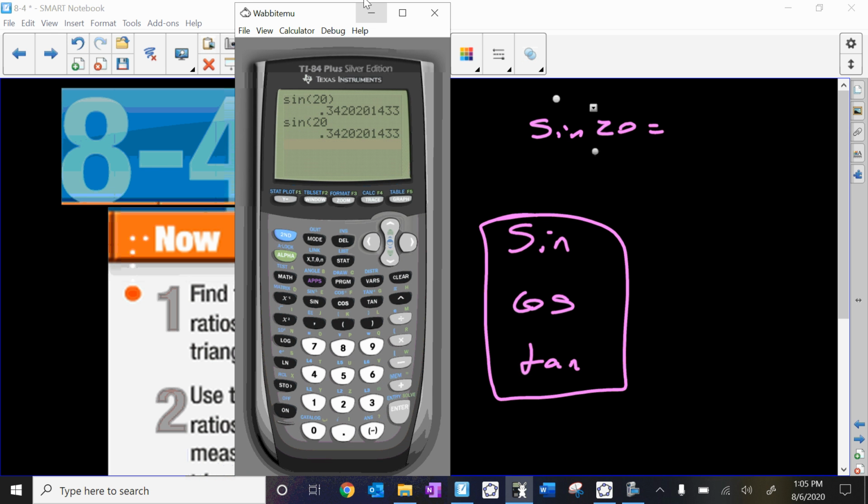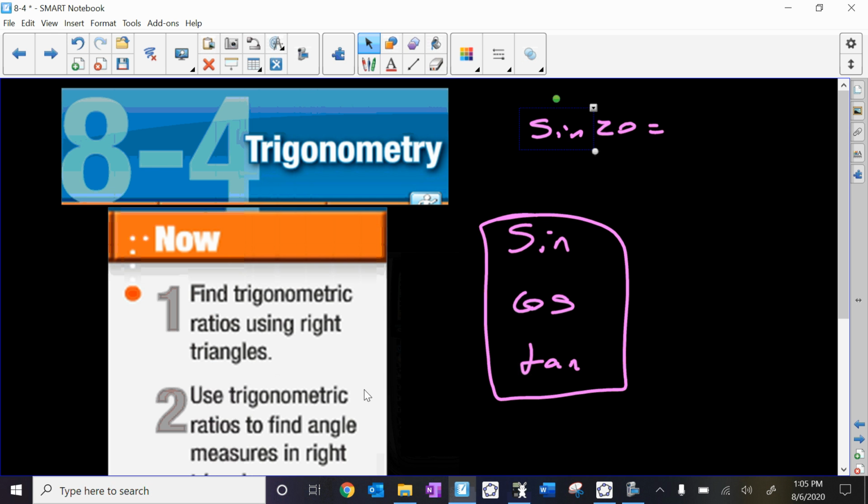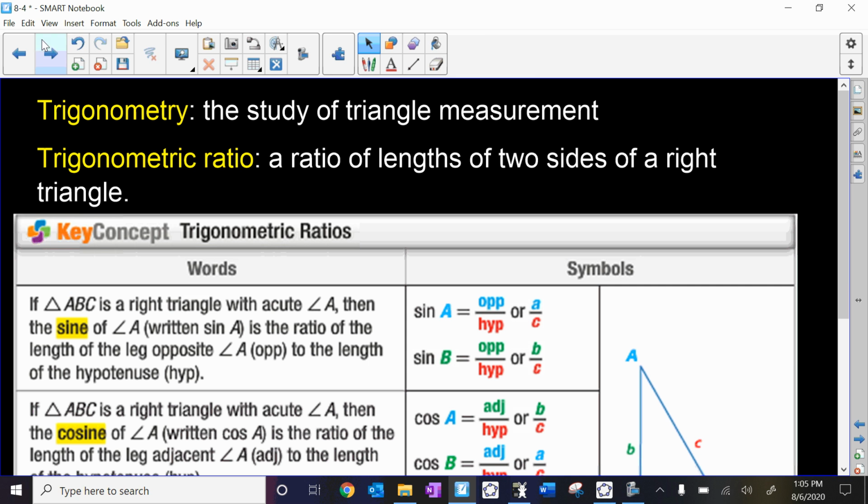Once you have your calculators in the correct mode, now we're going to start talking about what is trigonometry. And these three buttons on your calculator represent ratios of side lengths. So first off, trigonometry is the study of triangle measurements. That could be side lengths, that could be angle measures. We're specifically going to focus on right triangles.